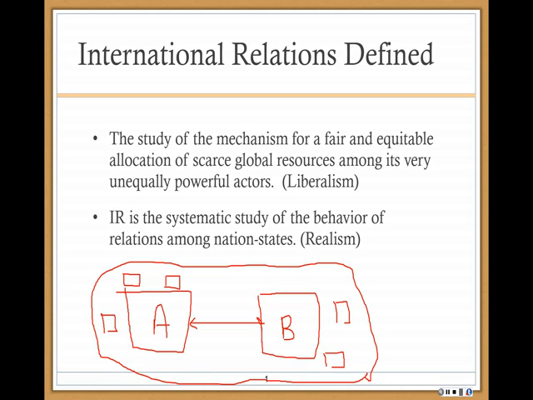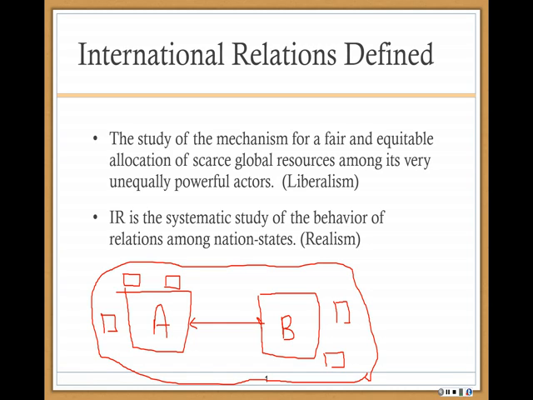Each of these states has some resources, and these states are powerful but probably not equal. If power is simply demonstrated by the size of the box, states A and B are much more powerful than all these other states represented by these other boxes. So who gets most of the resources, and how does that activity occur?